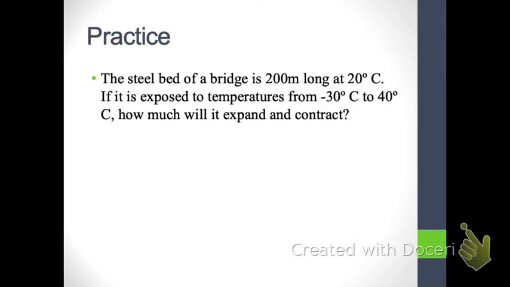So if I'm going to do this, I'm going to look at my equation again, right? My equation is change in length equals alpha times length original times delta t. And so really, I don't need to find its final length. I just need to find the change in length, right? I know my original length is 200.